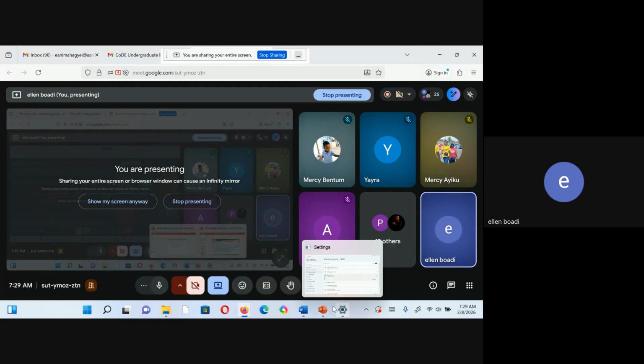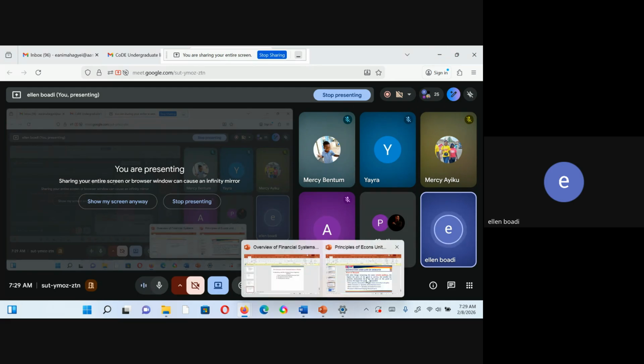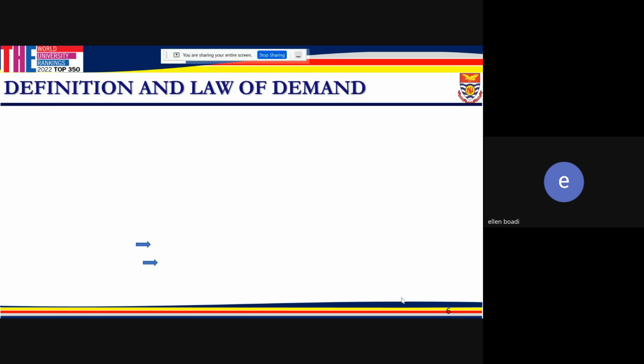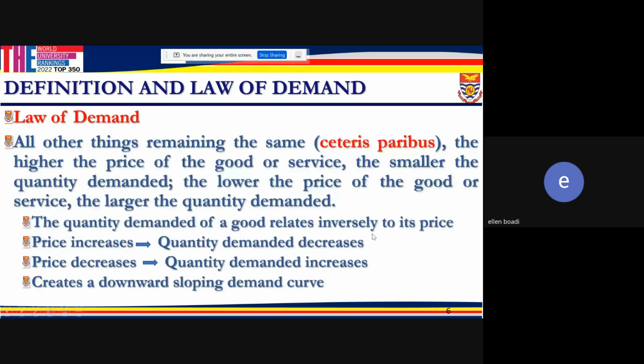Okay. So, like our colleague has put it rightly, the law of demand confirms a negative relationship between price and quantity. We said when two variables are moving in opposite directions, as one is increasing, the other one is decreasing, it means they have a negative relationship.